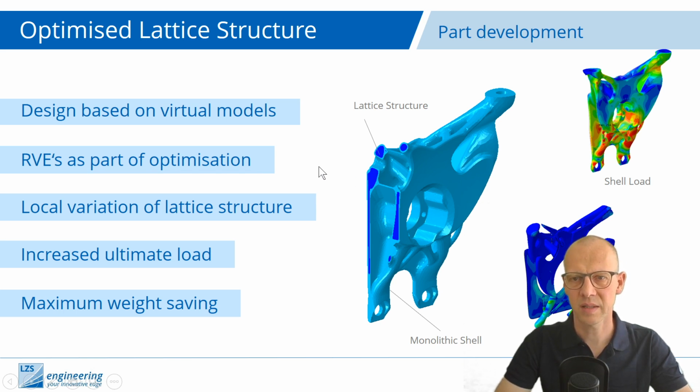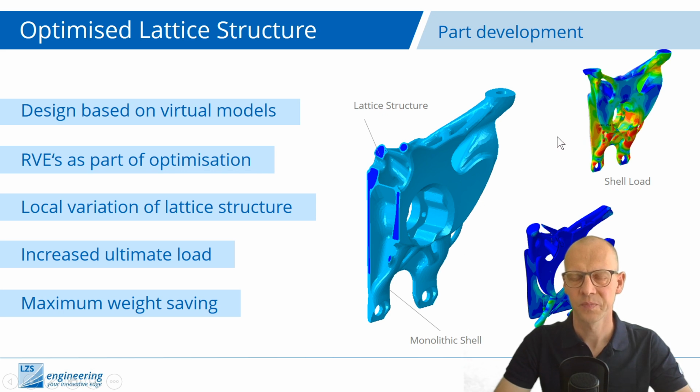And in the end, this really helped us along on this project, because when you leave the lattice structure away in the simulation, you will see, due to the loading conditions of this part, as you see on these red marks here, that you have a quite high shell loading, which will lead to local instability.